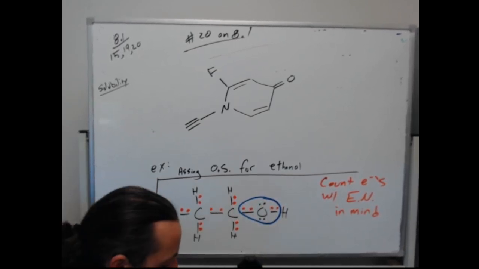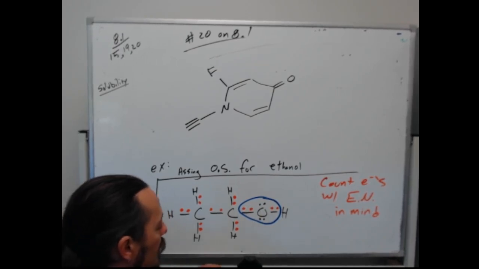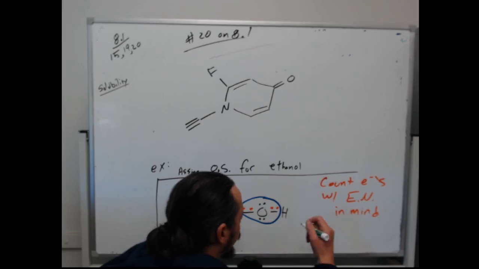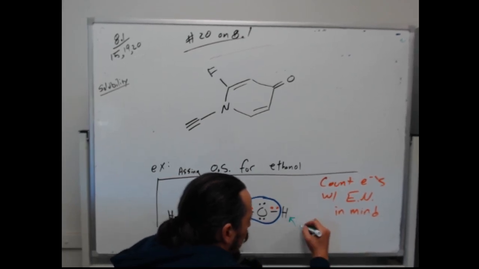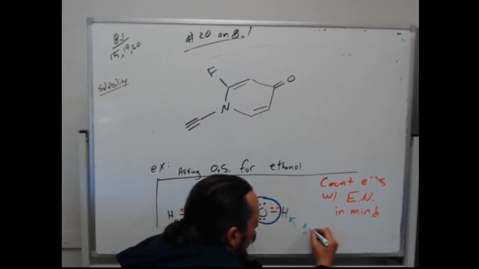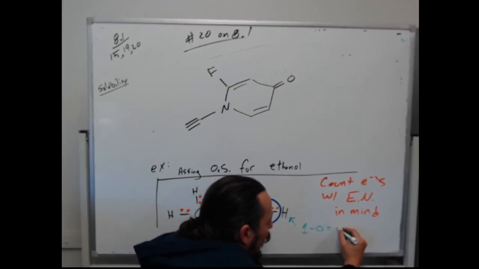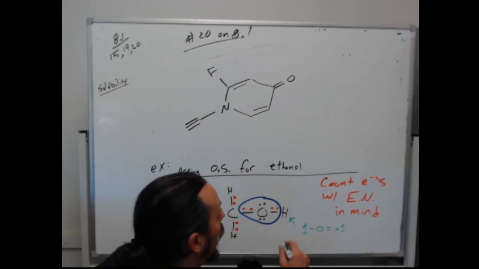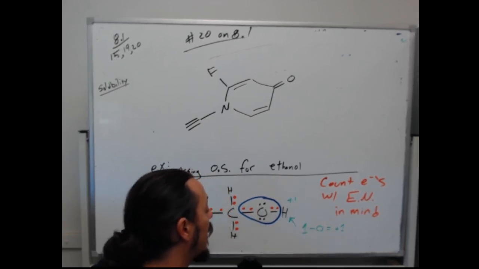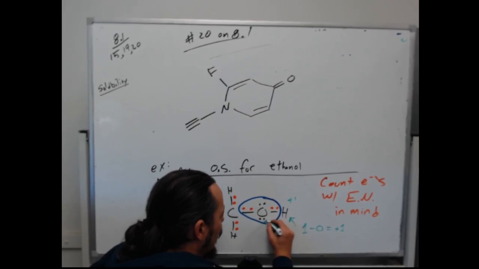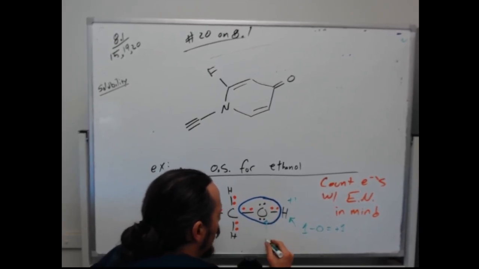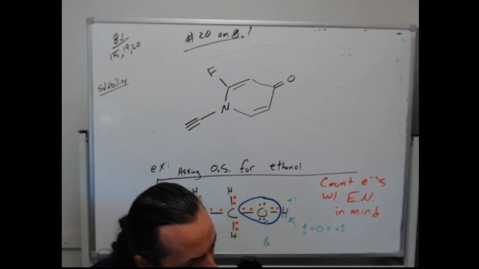In this situation, my hydrogen started with 1 electron, ended up with 0 electrons. That's going to equal +1. Hydrogen ends up with a +1 oxidation state. Oxygen, in this case, started with 6 valence electrons.